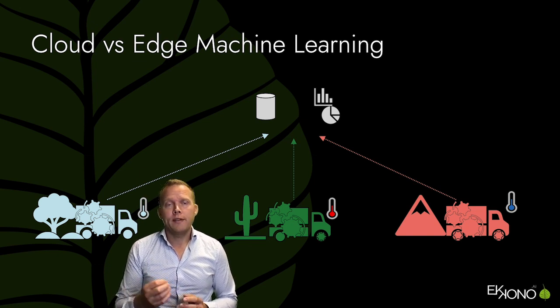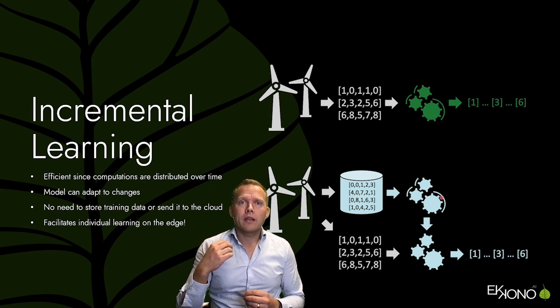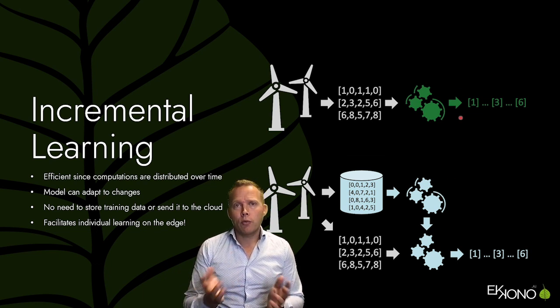What we have seen is that a key to enabling edge machine learning is to do incremental learning, which differs a little bit from typical machine learning approaches by continuously training the model as data becomes available. Instead of training it once on a large previously collected dataset, you make incremental steps. Incremental learning is a slightly harder problem since we don't know which values we're going to see.